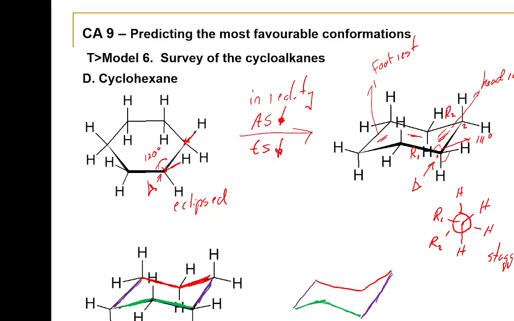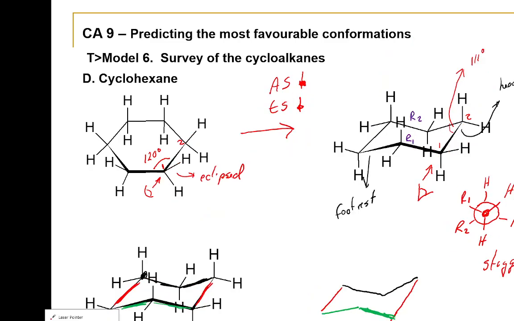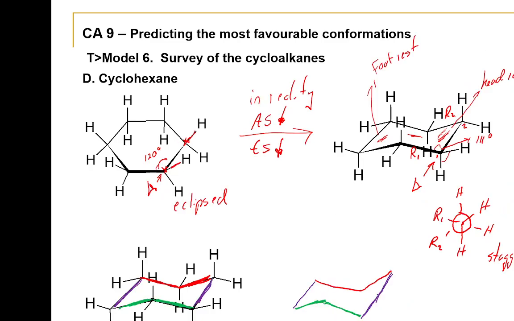And again, unfortunately, because I'm trying to show it all on the screen, maybe I'll just come back to my purple. You can see here, these purple lines are parallel to one another.